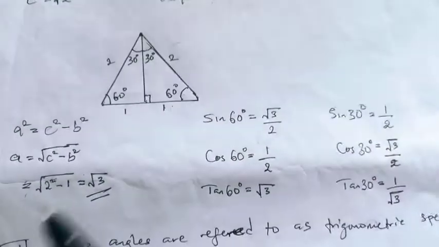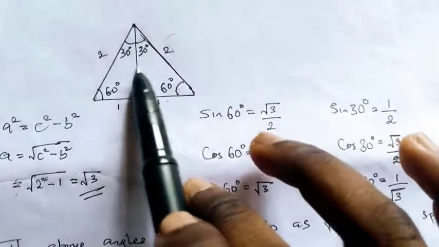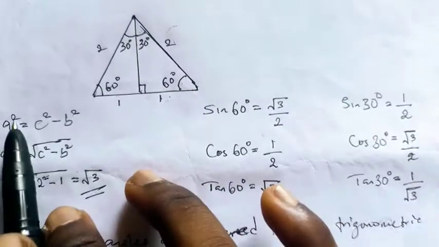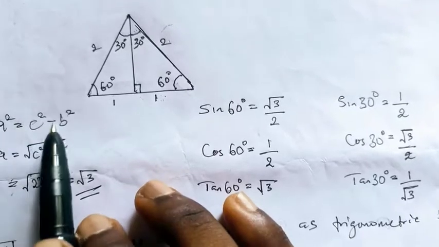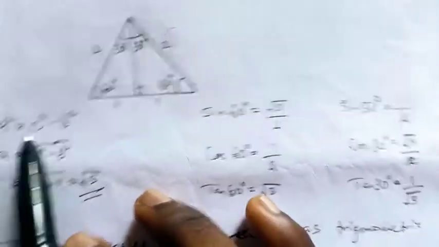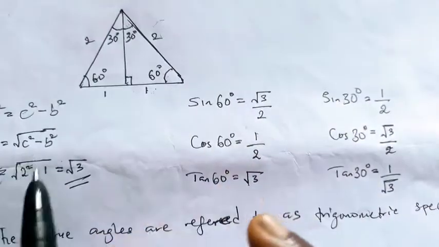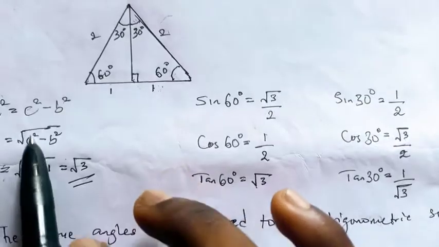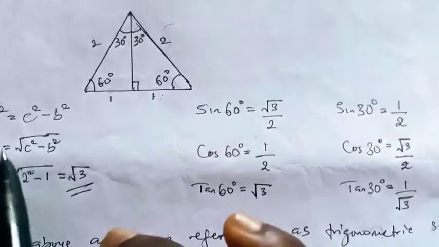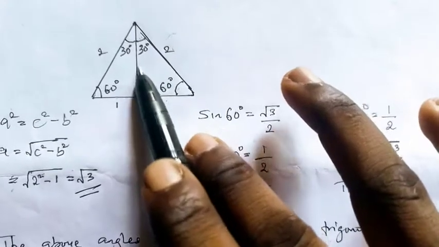And so I have that my opposite here is equal to a square, and a square rather is equal to c square minus b square from the Pythagoras theorem. So taking the square root of both sides, I will have that the square root of c square minus b square is equal to my a, which is the opposite side here.